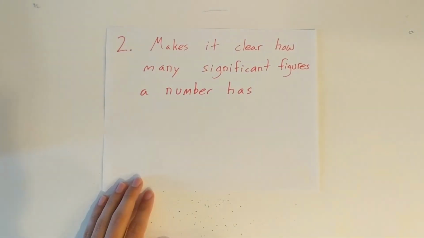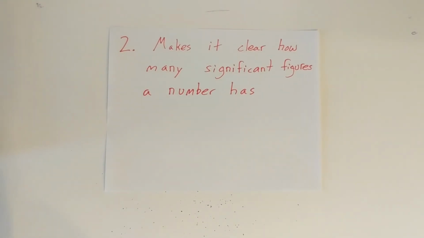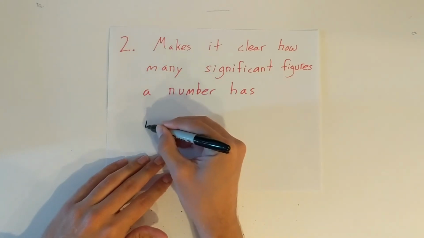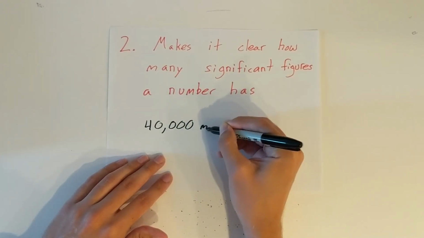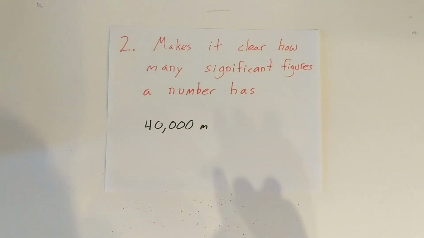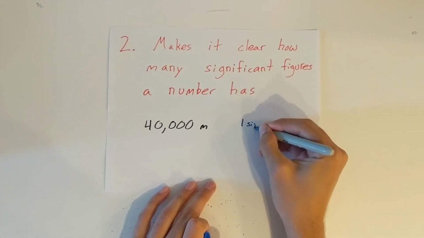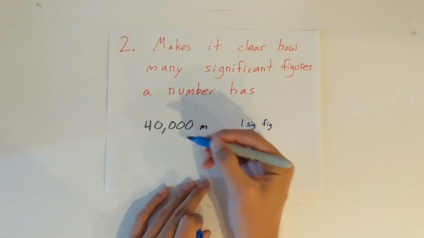All right, so let's say we measured a distance between towns, and we got the distance was 40,000 meters. Looking at this number right here, it looks like we have one significant figure, just that 4.